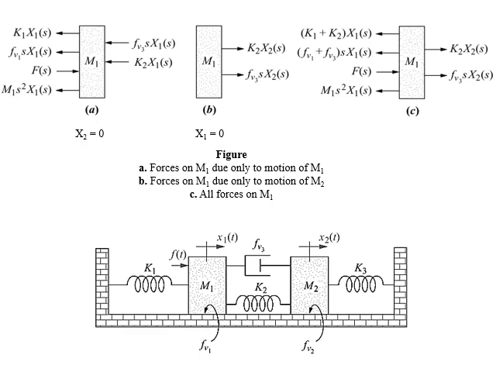Now if you look at the figure of translational mechanical system, in this we have an object represented by mass M1 which is moving in the direction of x1 of t. The externally applied force is F of t. The mechanical components attached to M1 are a spring with coefficient K1.